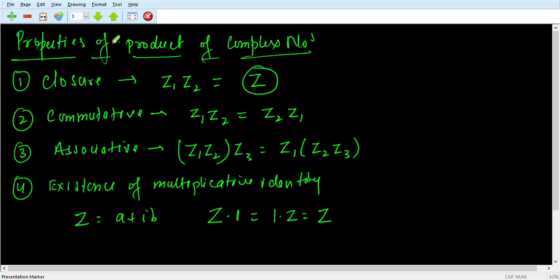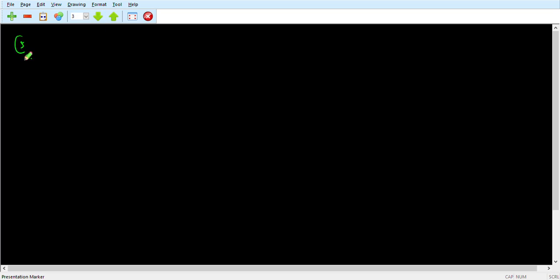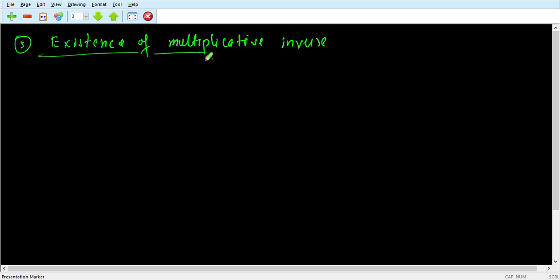Now the fifth property is existence of multiplicative inverse. In earlier cases, in addition, we discussed additive inverse. Here we are discussing multiplicative inverse.